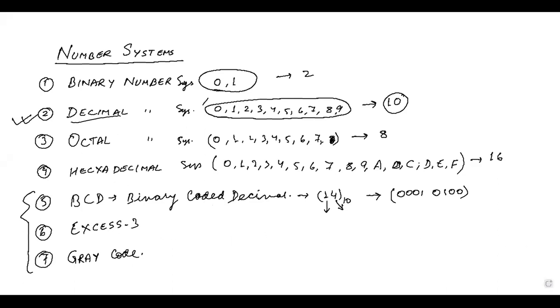So first of all we will see the binary number. A binary number can be made with a combination of ones and zeros. If I have a decimal number like 16, we have to convert this decimal number into binary.